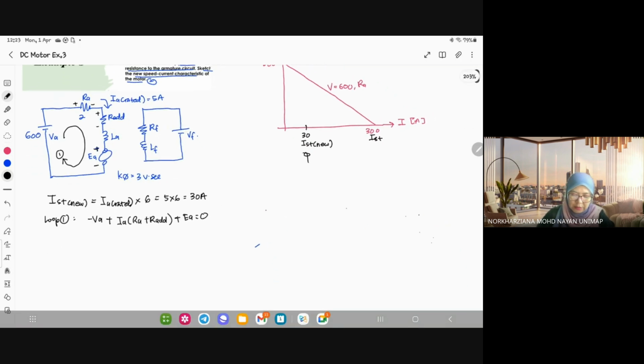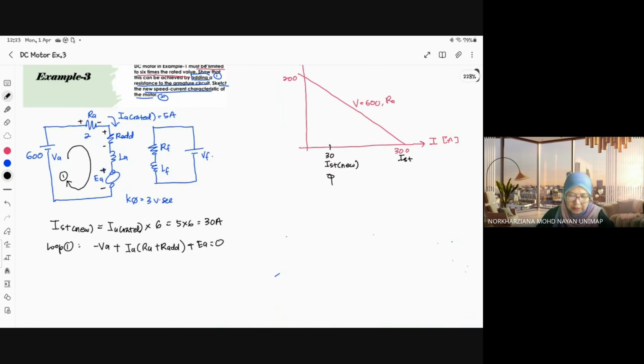So now let's find RX since everything is given. The starting current, this is your speed, this is your omega naught. So this is the speed at starting, and at starting the speed equals 0.